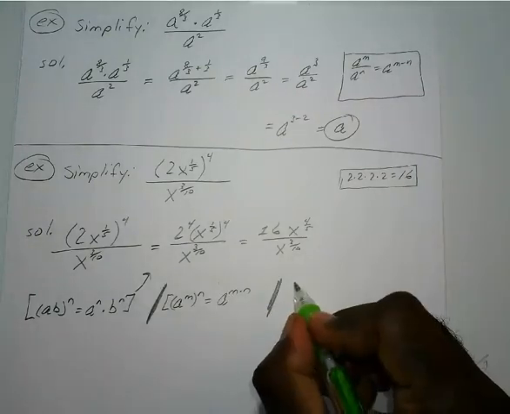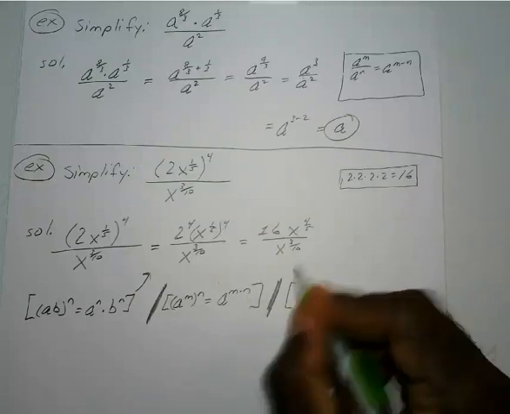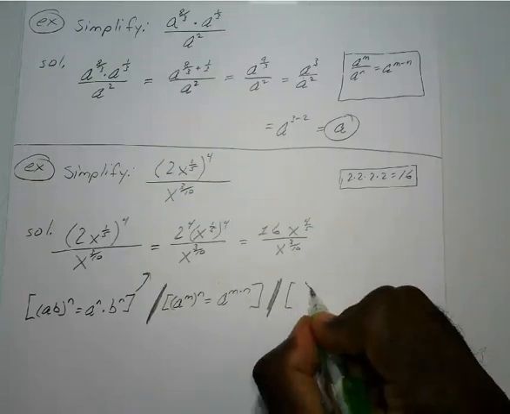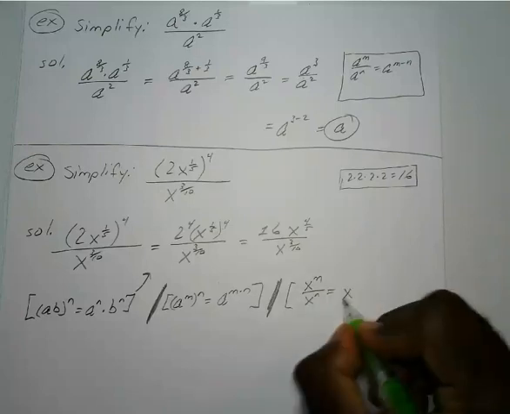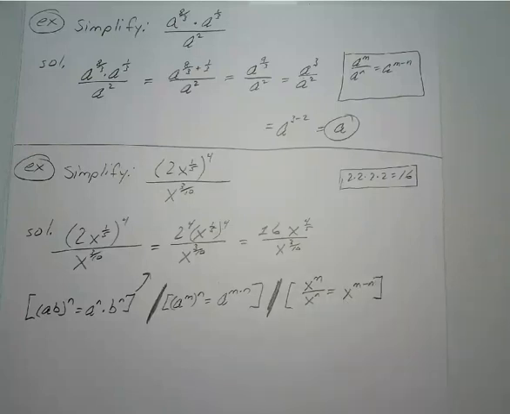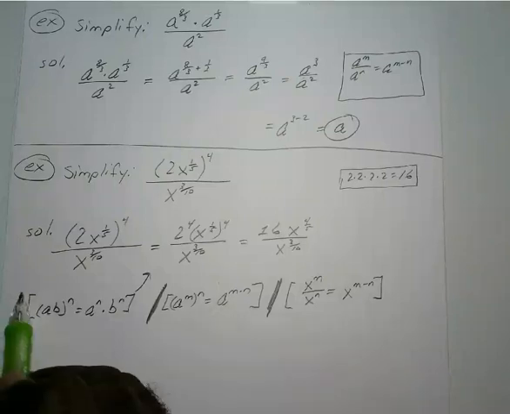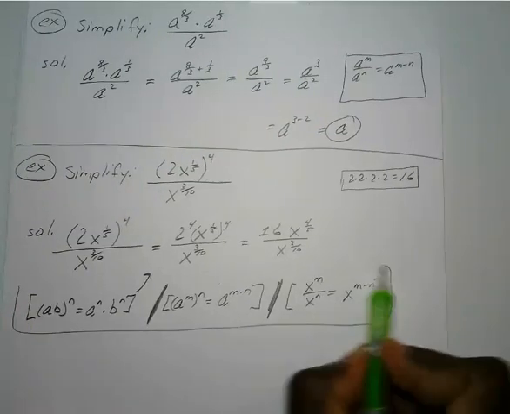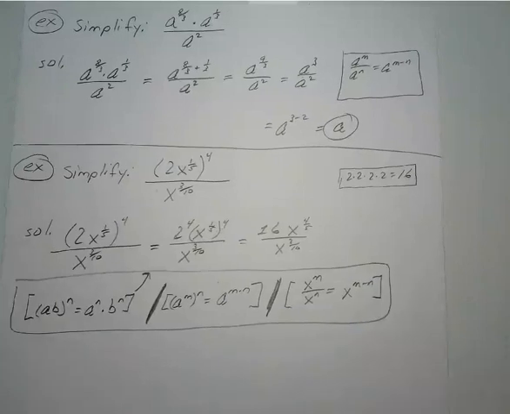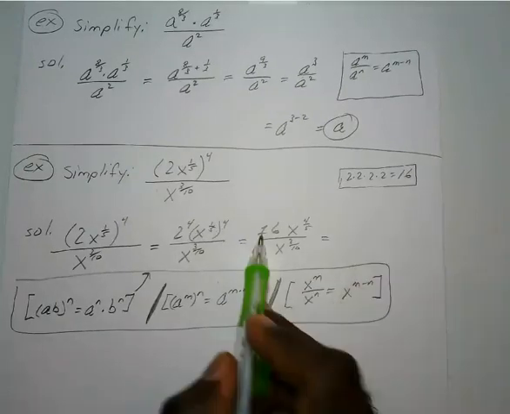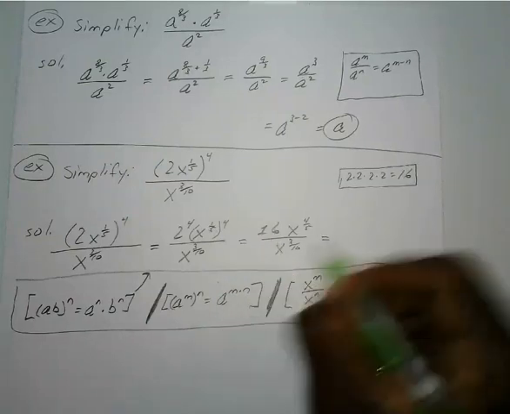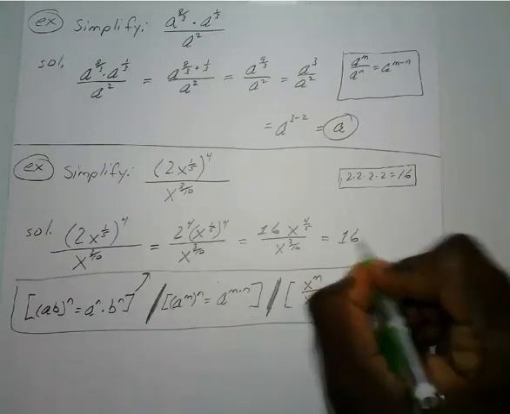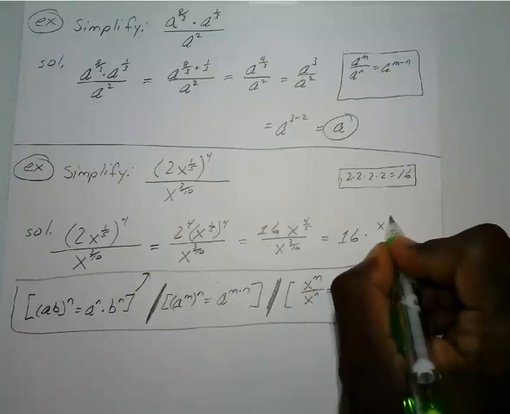We have x to the m over x to the n equals x to the m minus n. Okay, so these are all the rules that we've used so far just in this one problem. Okay, so if we separate this, remember 16, that can just be 16 over 1. Or you can just pull it out to the front. So you can have it 16 times x to the 4/5 over x to the 3/10.